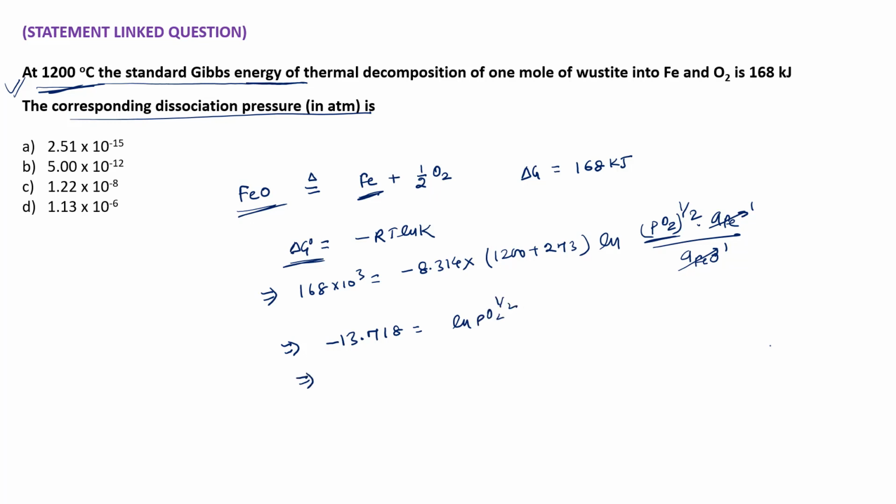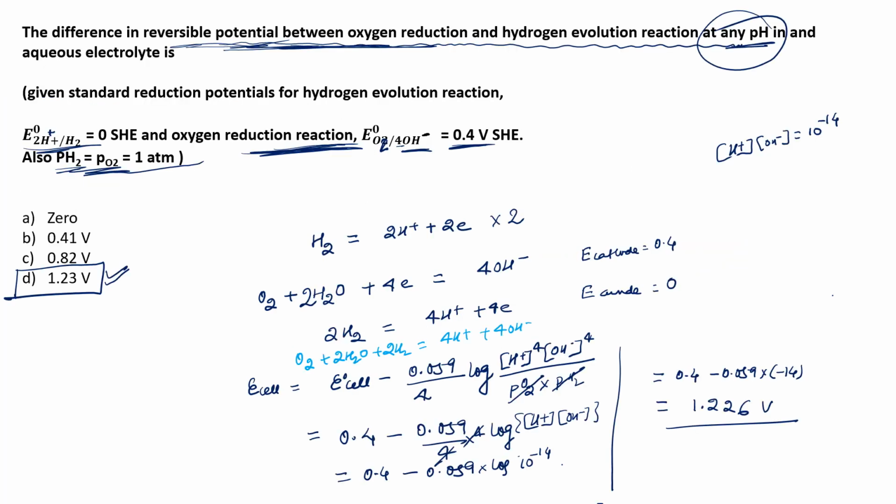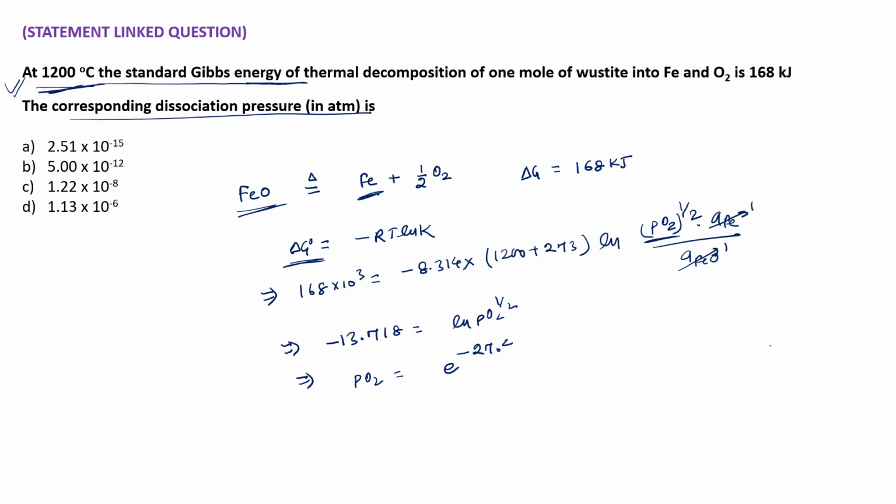This implies PO2 is equal to e to the power minus 27.43, that is equal to 1.22 into 10 power minus 12. So this is your answer. The answer is 1.22 into 10 power minus 12.